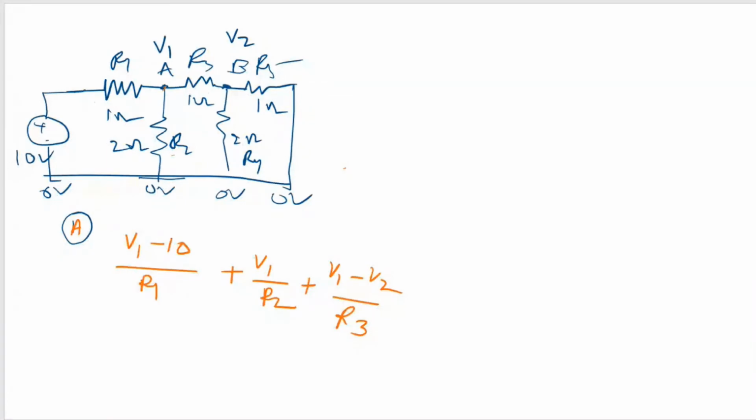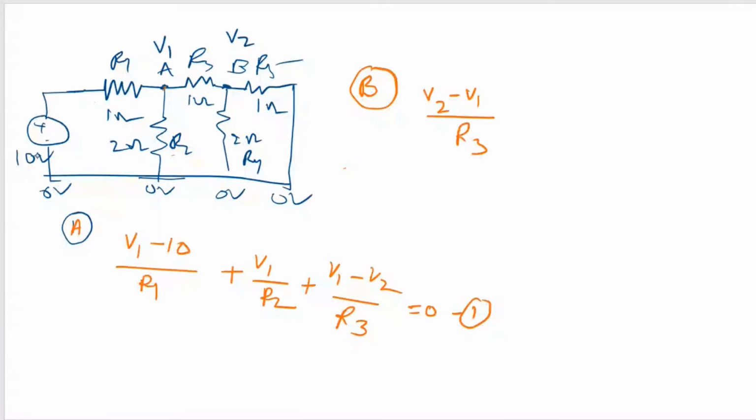Similarly at node B, the equation is V2 minus V1 divided by R3, plus V2 divided by R4, plus V2 divided by R5. This is equation number 2.